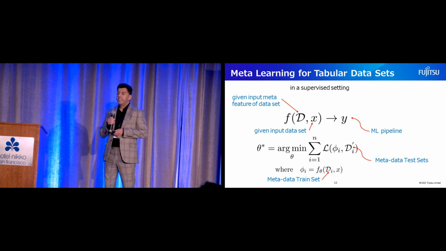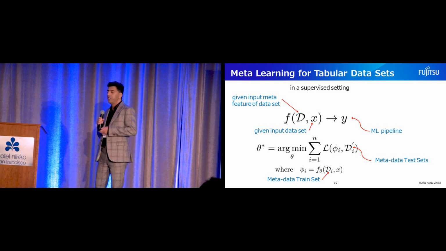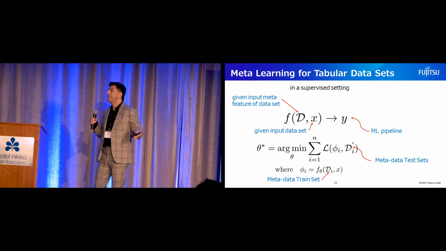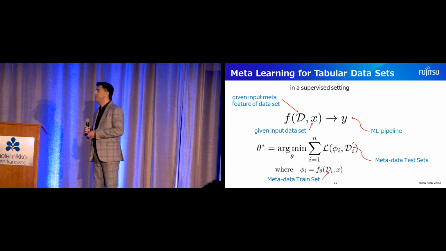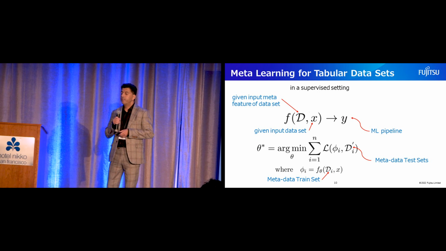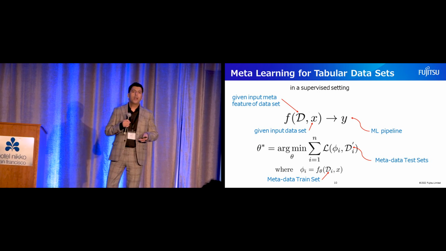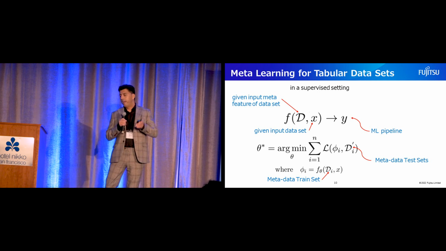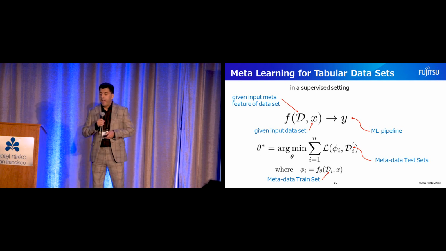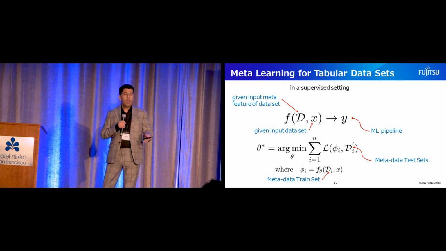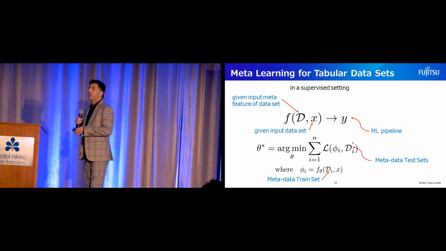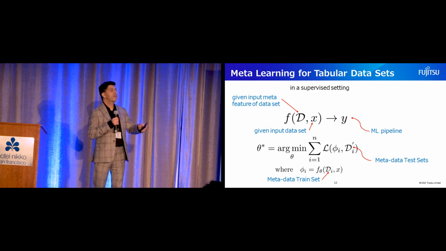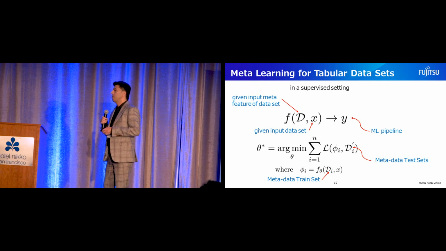Across the different data sets, we want to learn those meta features. When we look at the different meta features, we are minimizing the loss function across diverse data sets, across the metadata training data sets, and we define a function of theta, where theta is a parameter that decides how we adjust these values to find the best model.